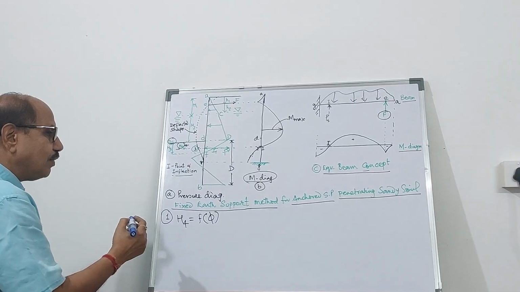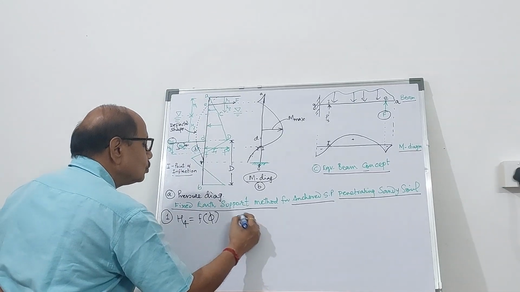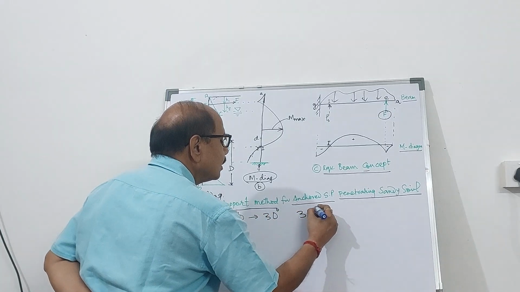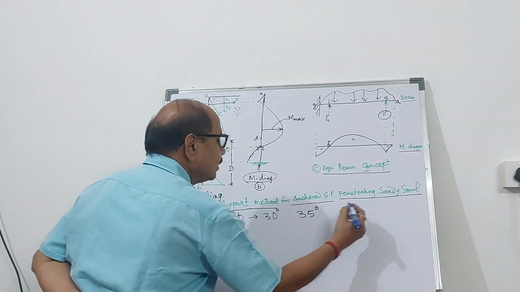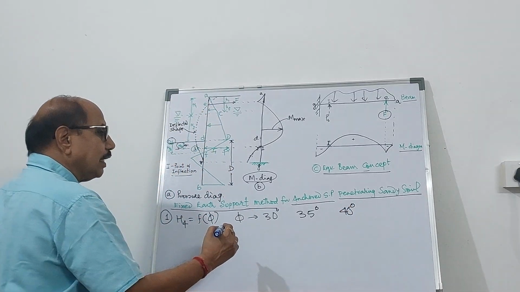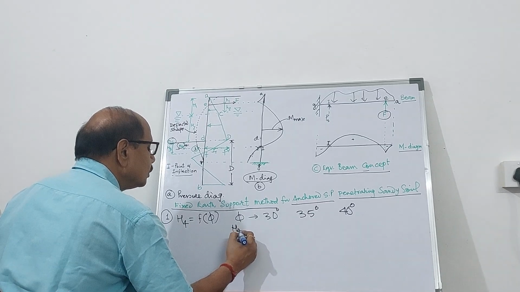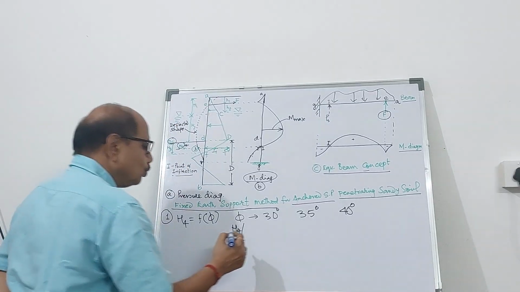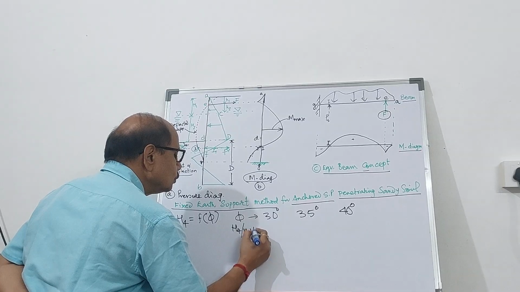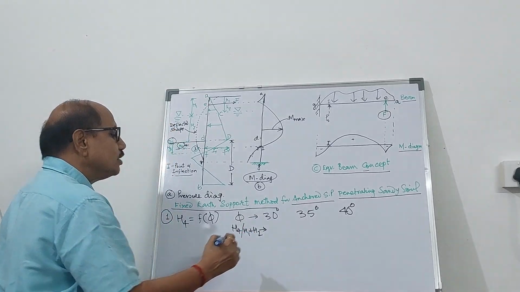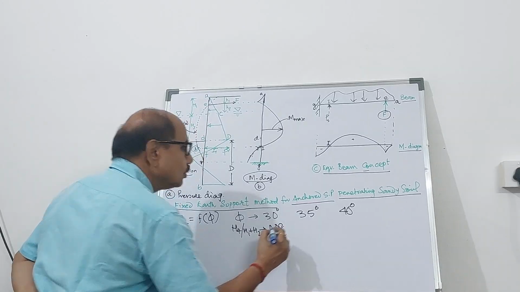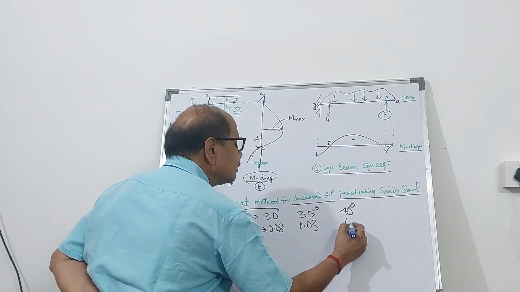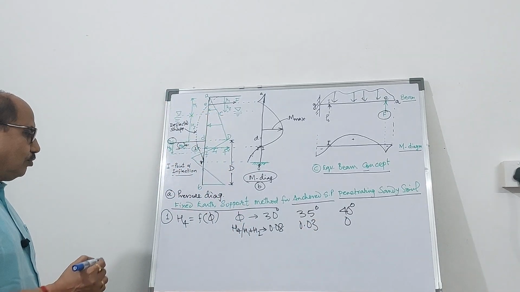So for different values of phi, let's say phi equal to 30 degrees, 35 degrees, and say 40 degrees, the value of H4 divided by H1 plus H2 is 0.08, then 0.03, and this is 0. So this is the value of H4.